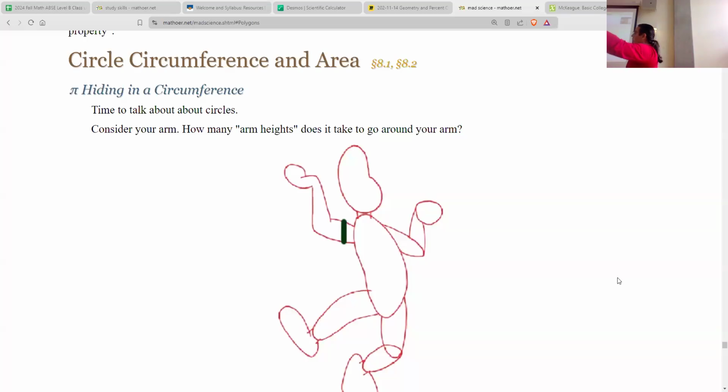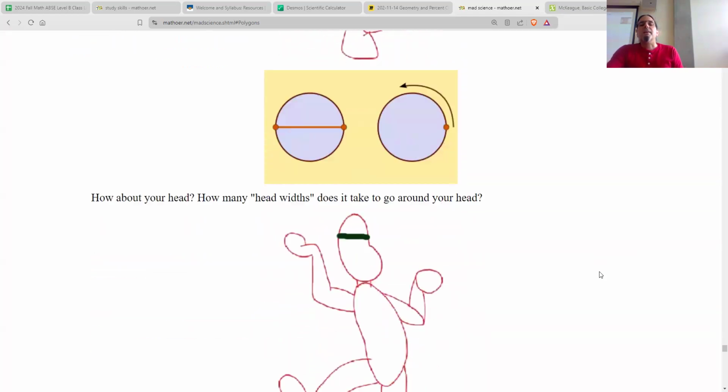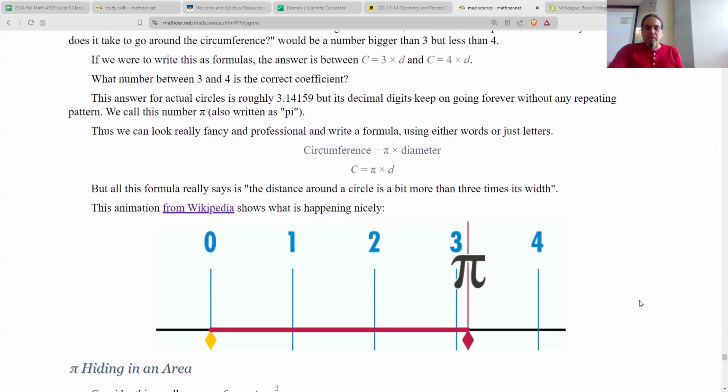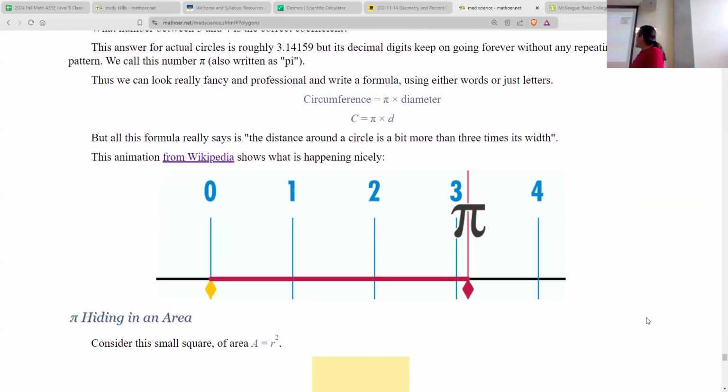Okay, talking about circles, we're reporting. While paused, we took some brave volunteers, held string up by arms and by heads. And the question is, how many widths does it take to go around the circle? And arms and heads aren't really round. We have an ab wheel exercise thing.